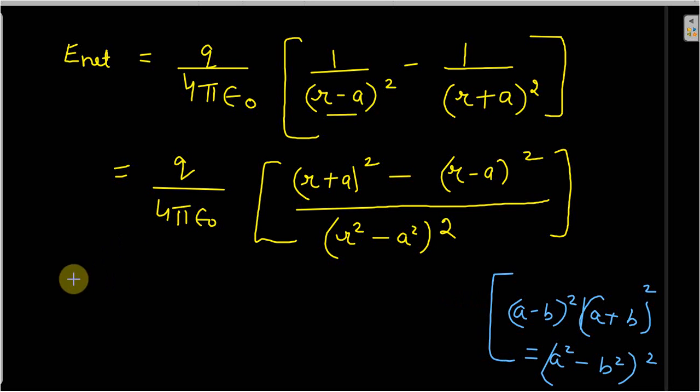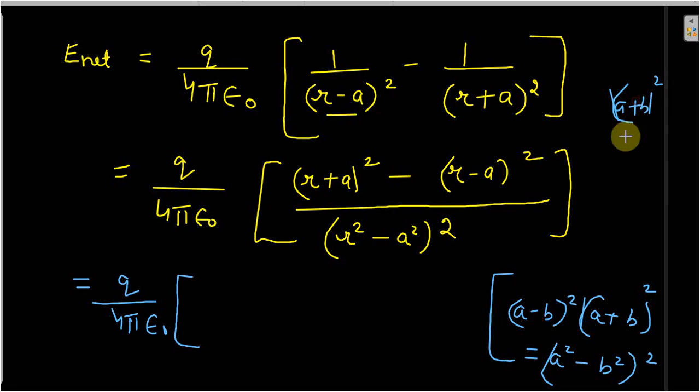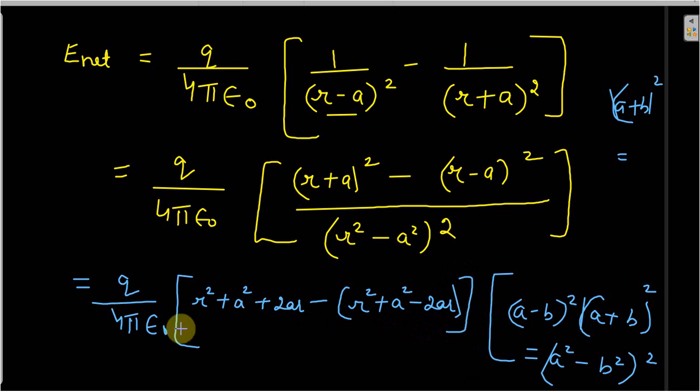So now open all the braces, 4 pi epsilon naught, and this one you can open using the formula (A plus B) whole square. You can write here R square plus A square plus 2AR, then again R square plus A square minus 2AR, divided by (R square minus A square) whole square.